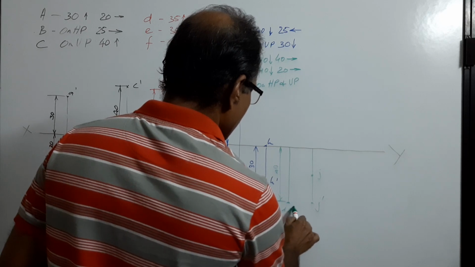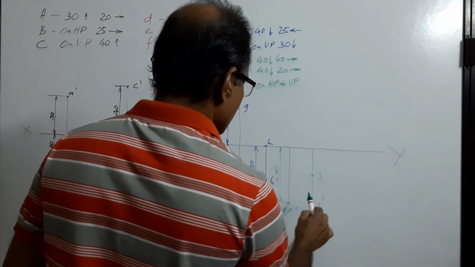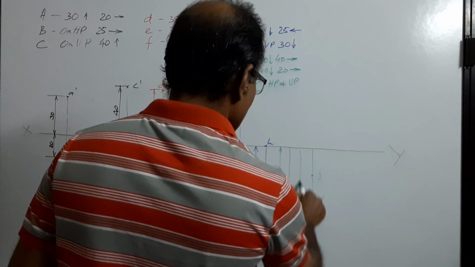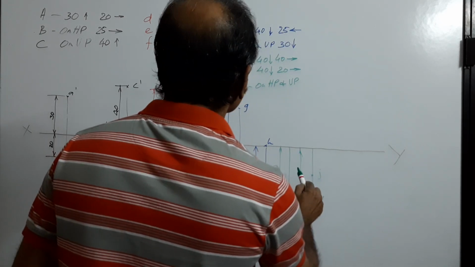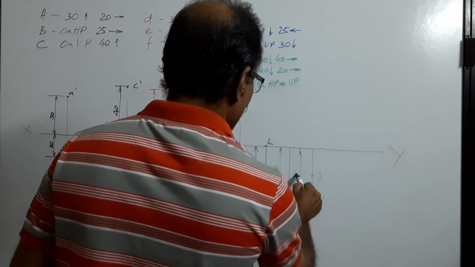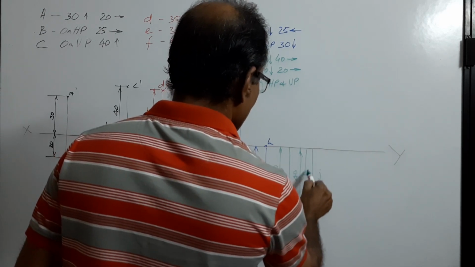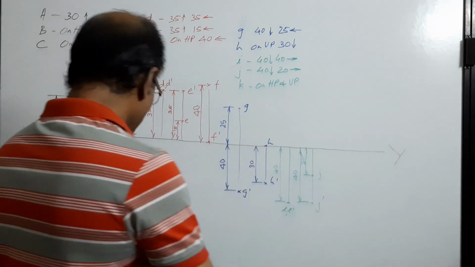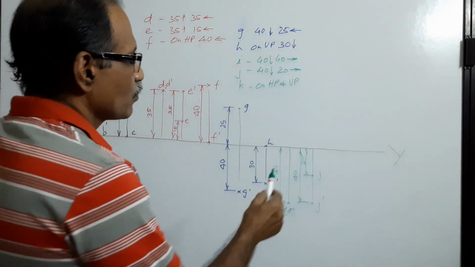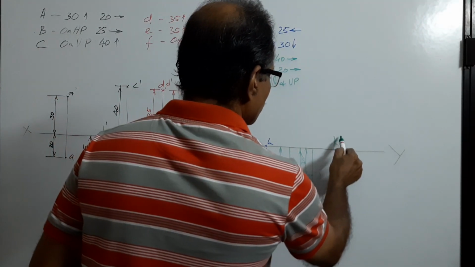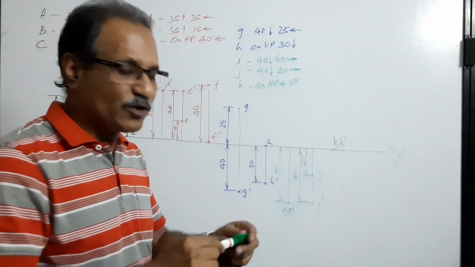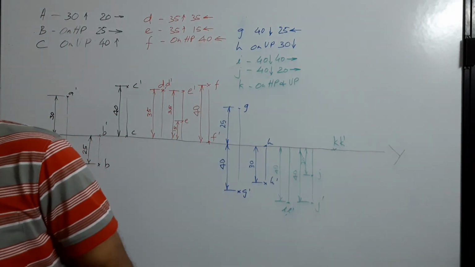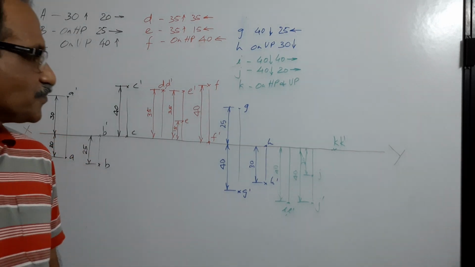I dash. 40, 20. Then a point K is on HP as well as VP. What does it mean? It is on the joint between the two planes, on HP as well as VP. So its plan and elevation will be both on XY.